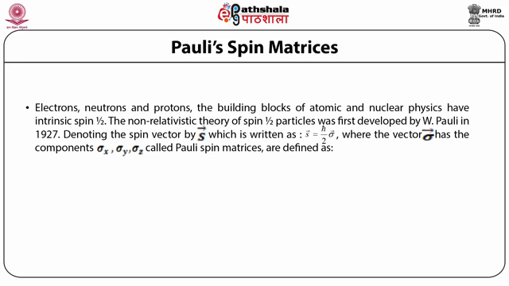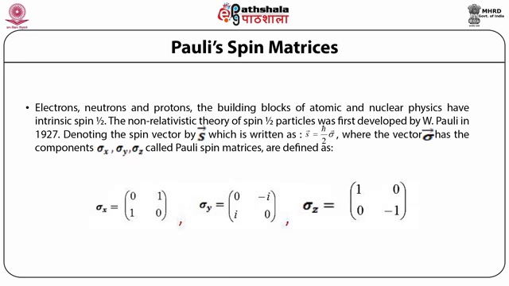That means that the components sigma x, sigma y, sigma z can be defined as sigma x equal to matrix 0, 1, 1, 0, which is a 2 cross 2 matrix. Similarly, sigma y is also defined as a 2 cross 2 matrix given by matrix 0, minus iota, iota, 0, and sigma z is also a 2 cross 2 matrix given by matrix 1, 0, 0, and minus 1.